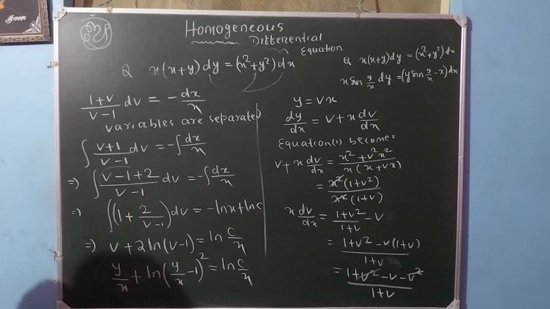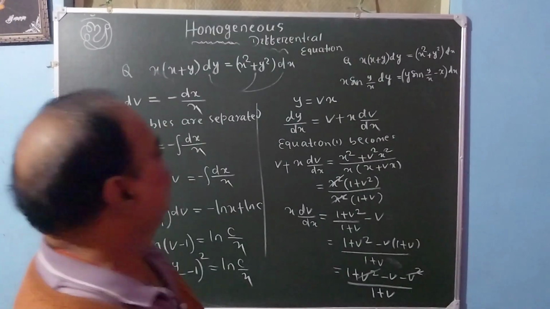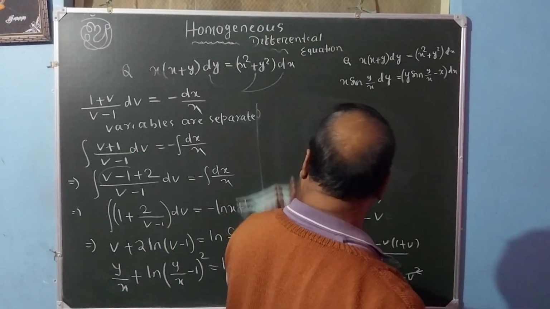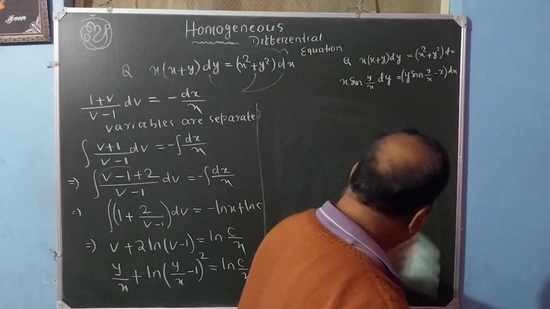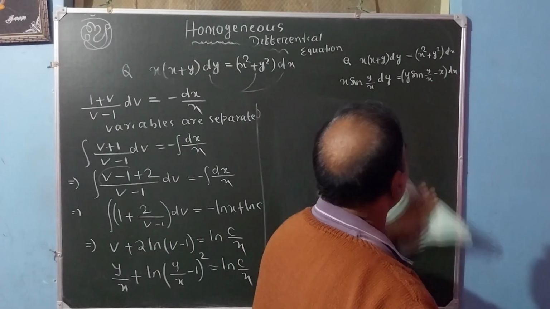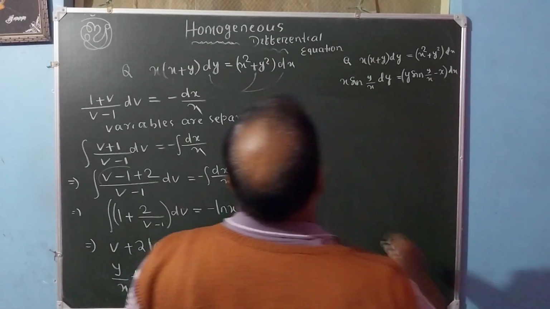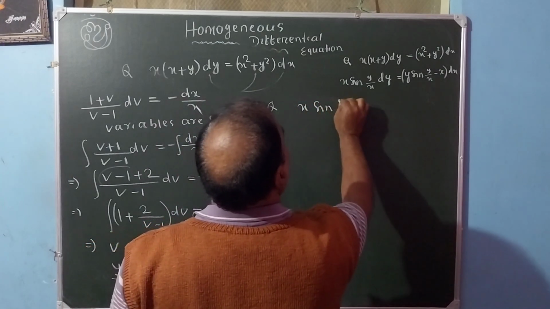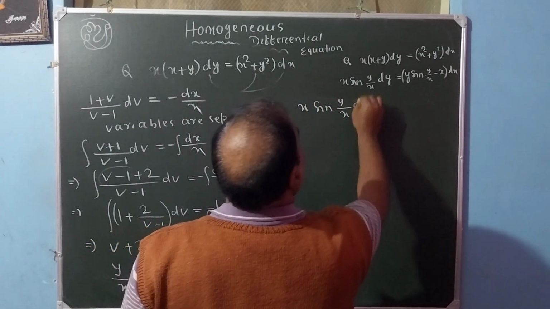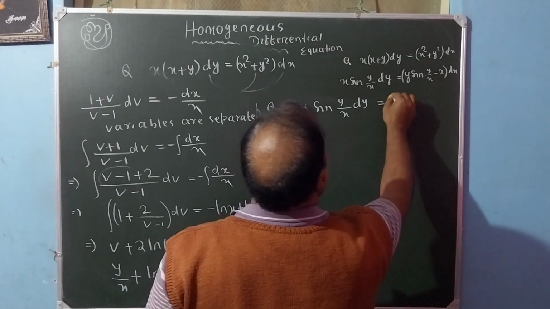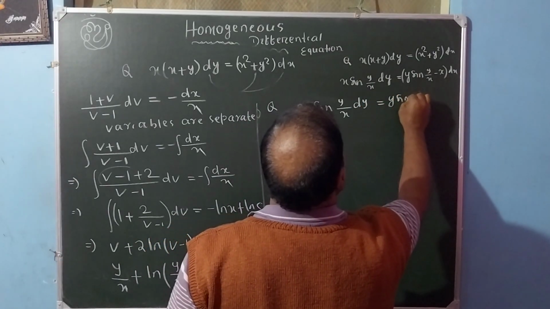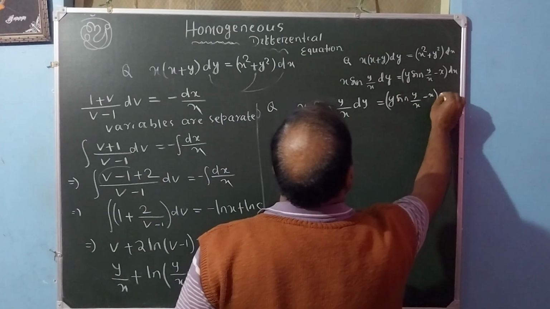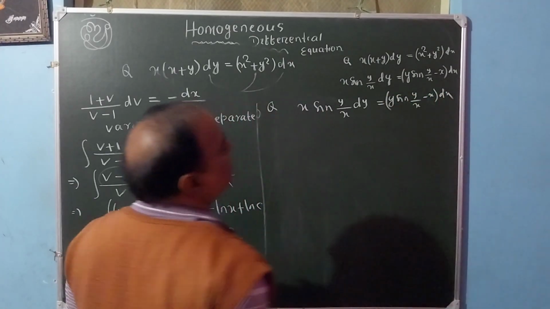Now we have to discuss another question. Write down question number 2. x sin y by x dy is equal to y sin y by x minus x whole into dx.